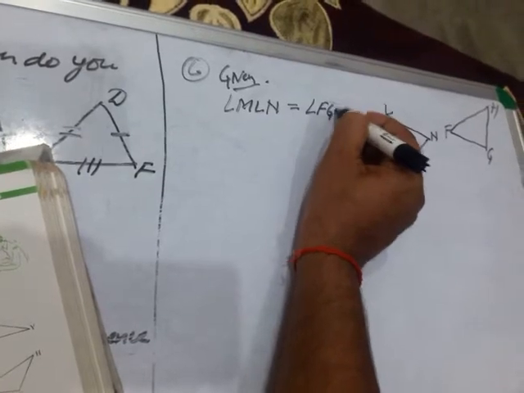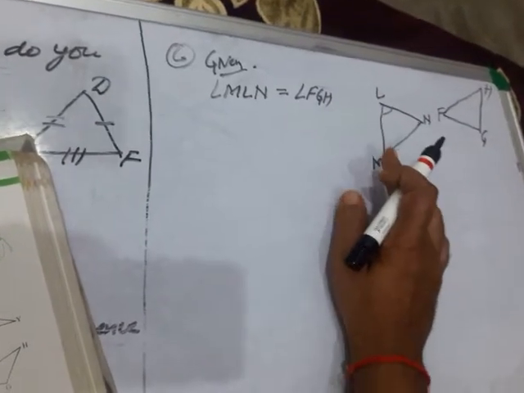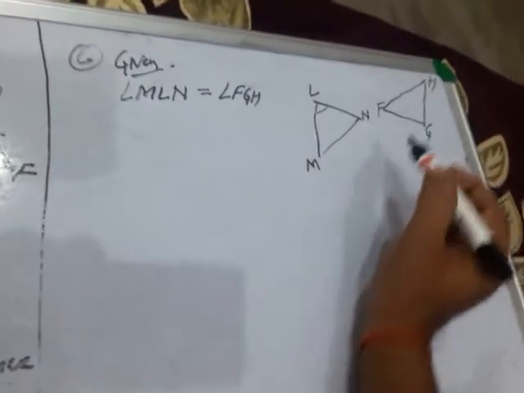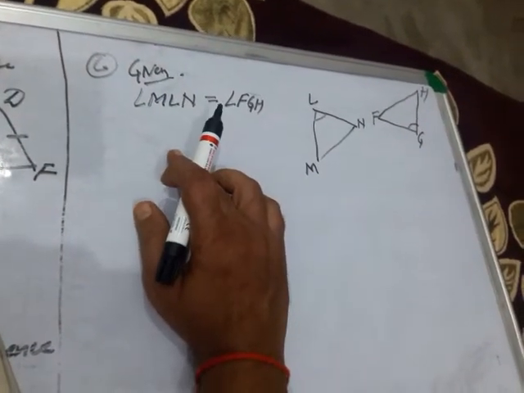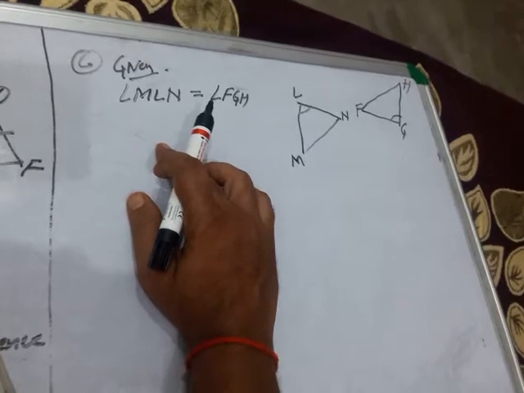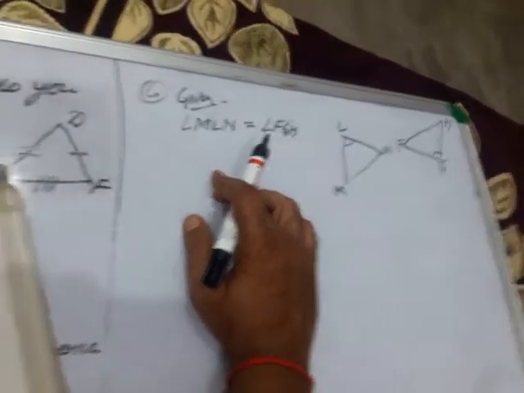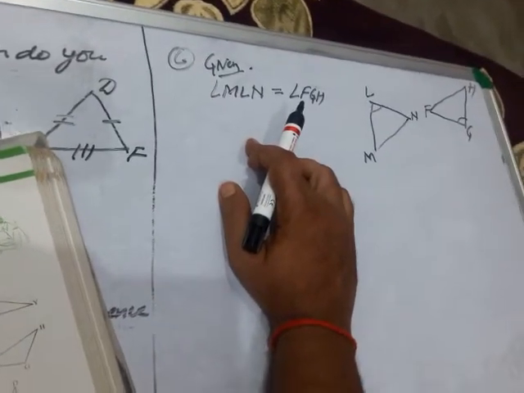Angle MLN equal to angle FGH, it is given. Clear? What else is given?